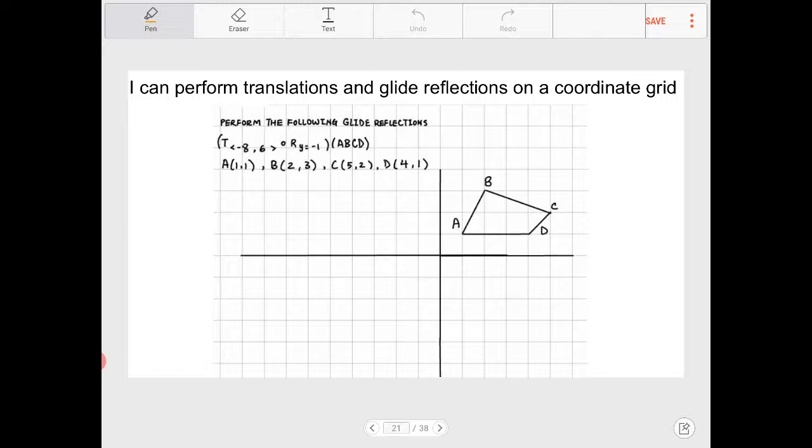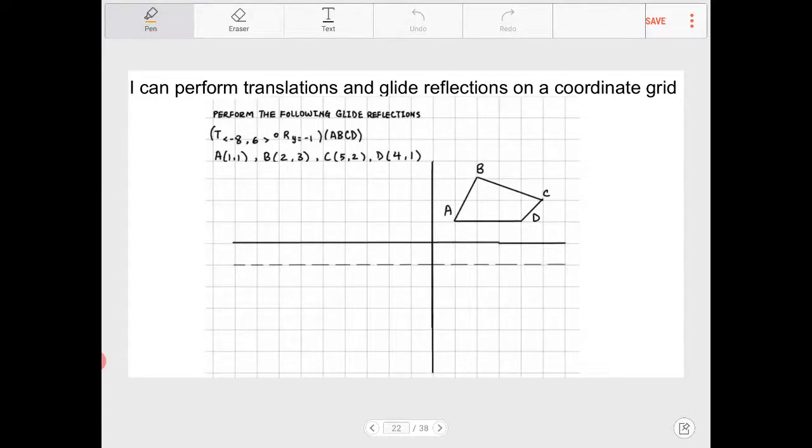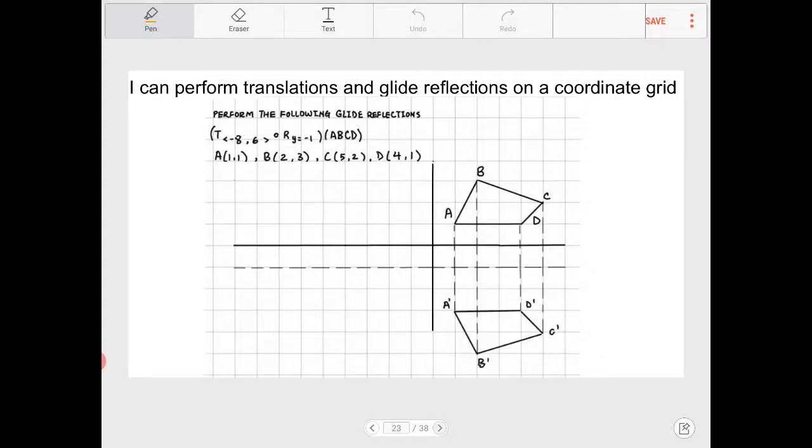All right, so we're going to perform another glide reflection, okay, with this quadrilateral. Pause the video for a moment to see if you can figure out where quadrilateral ABCD will end up. So after some time now, we are performing a reflection first. So we're reflecting over y equal to -1, which means it's going to reflect over that horizontal line.